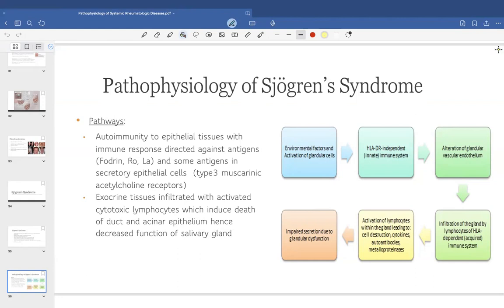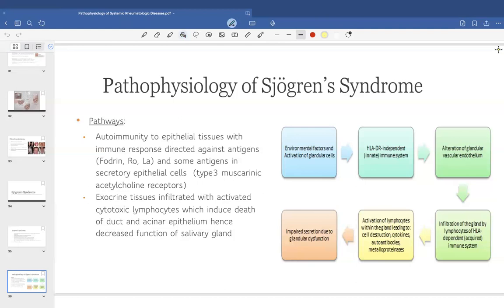Once you get this autoimmunity going, usually as a result of a viral infection or viral exposure, the exocrine tissues will then become infiltrated with all of these cytotoxic lymphocytes.